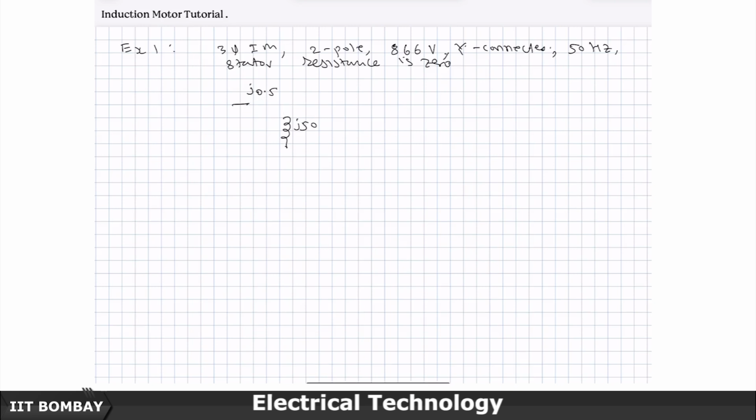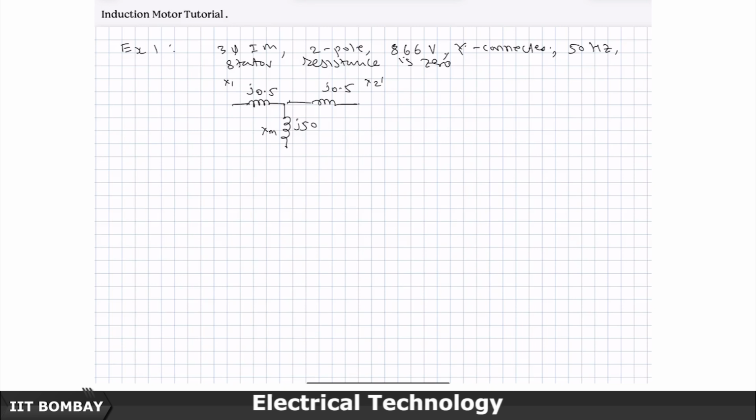The leakage reactance x2 dash is also 0.5.